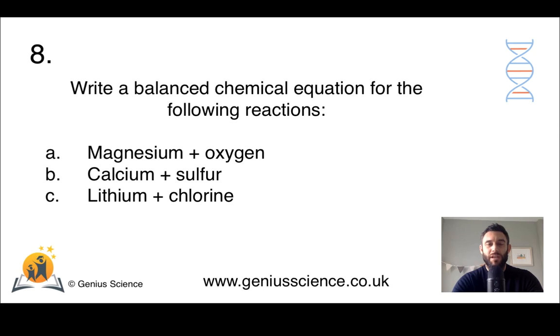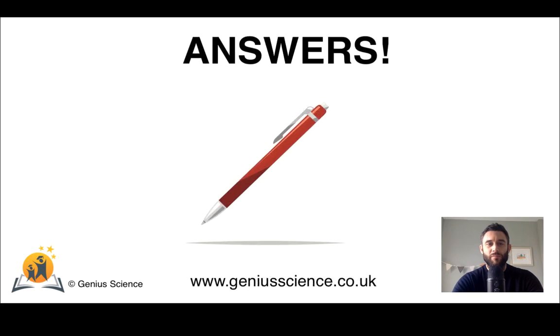So they're just balanced chemical equations for the word equations you had in question 7. You may want to pause the video here because you might need a bit of time to write out your balanced chemical equations. Okay, that's the end of the quiz for that section of the specification. So grab a red pen and let's go for a mark.